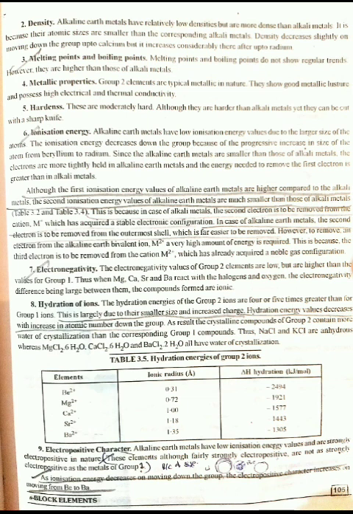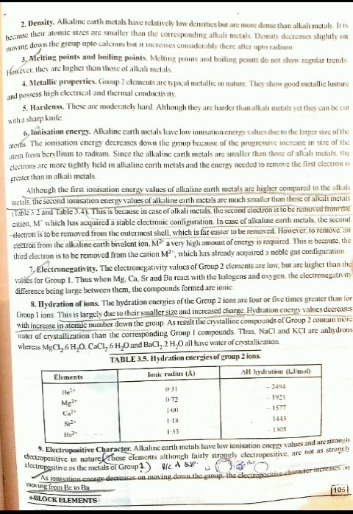Calcium 2+: ionic radius 1, delta H of hydration minus 1577. Strontium 2+: ionic radius 1.18, delta H hydration minus 1443. Barium 2+: ionic radius 1.35, delta H hydration minus 1305.